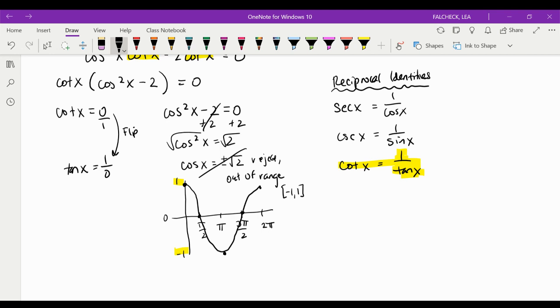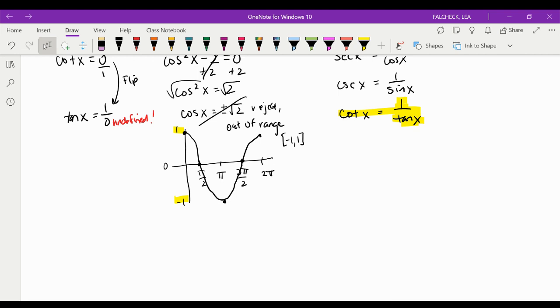But what does it mean when we have a 0 in the denominator? That means that the tangent of x will be undefined. So we're trying to find on the graph of tangent where it's undefined. But remember that tangent of x is equal to sine of x over cosine of x.